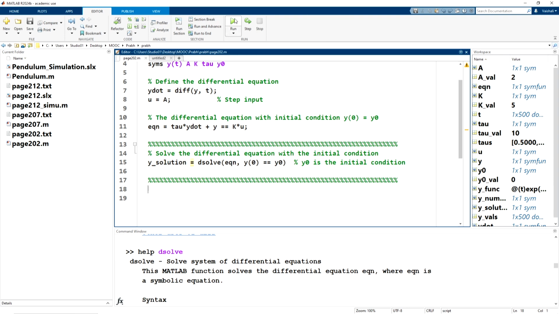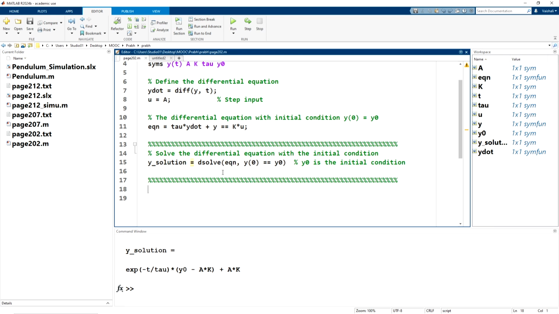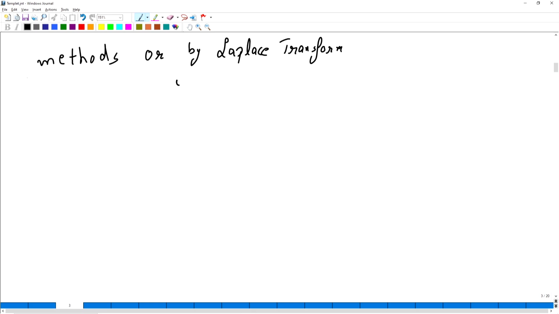If I run this program, then the solution comes out to be e power minus t by tau into y naught minus a into k plus a into k. Let me write the solution here. y of t equals to e power minus t by tau into y naught minus a into k plus a into k.